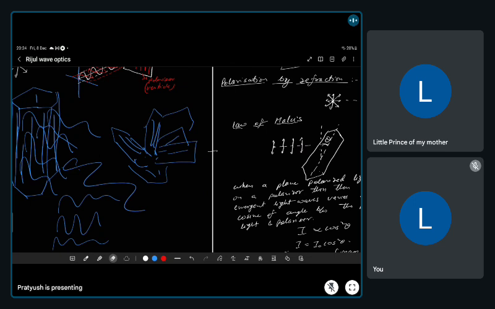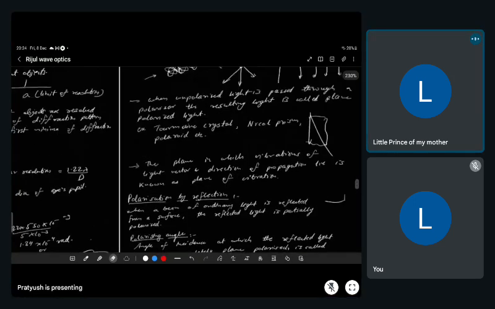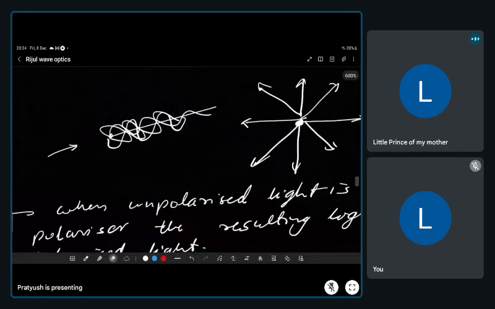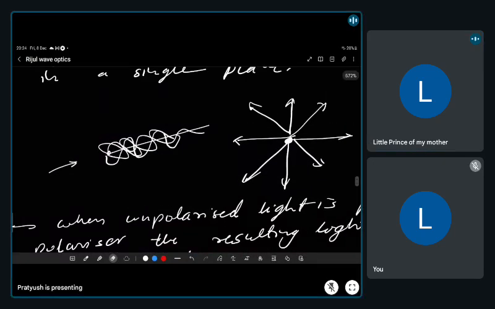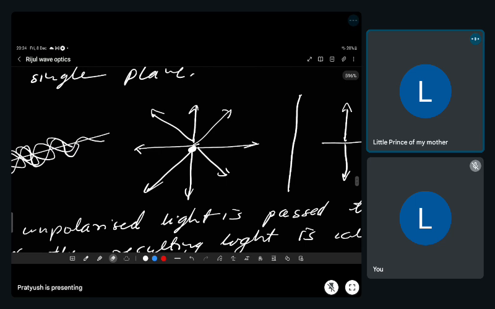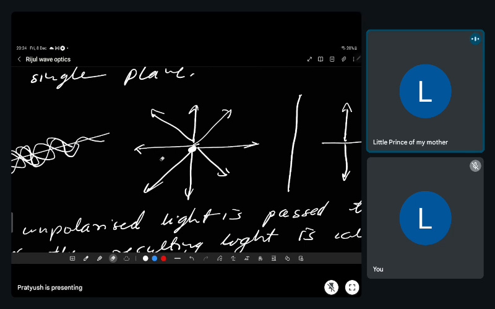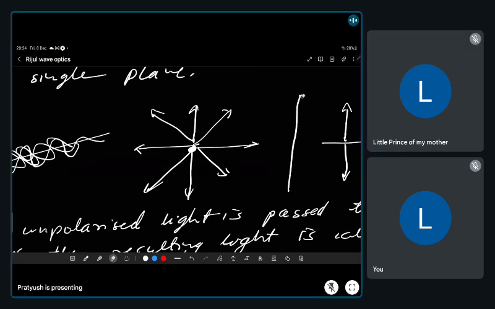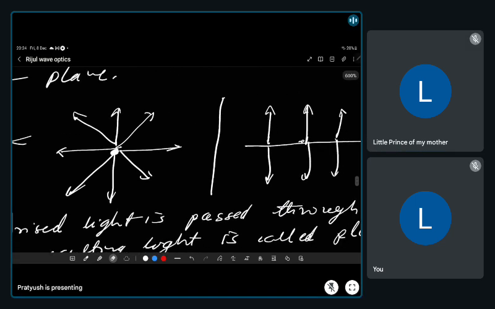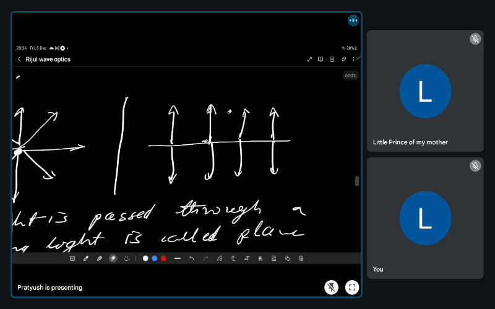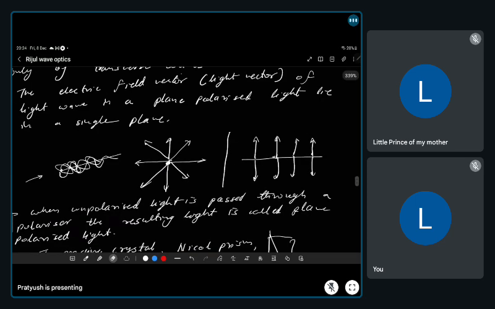See this: the electron is vibrating in every direction. But when we put a polarizer, only a single type of vibration comes out. Obviously, the intensity will decrease because of the polarizer, but the light will be plane polarized.